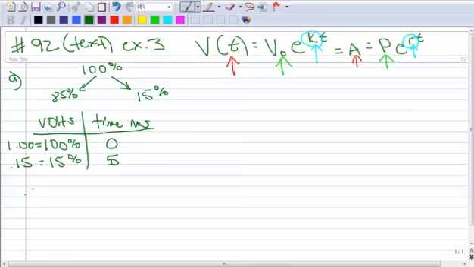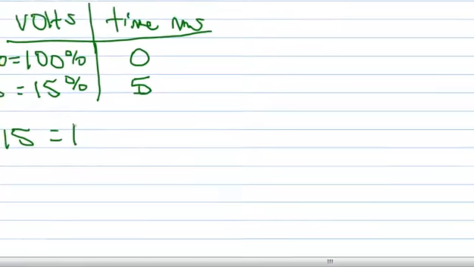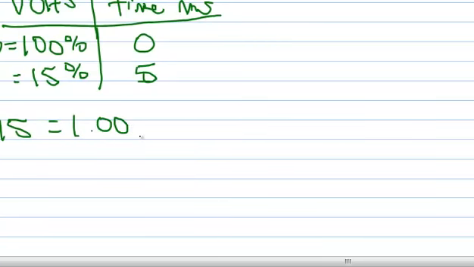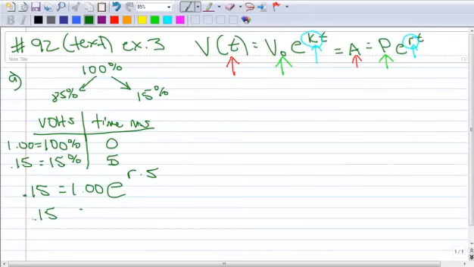So we have 0.15 is equal to 1 times e to the r times 5. Dividing by 1, I don't even need to show that. So 0.15 equals e to the r times 5.